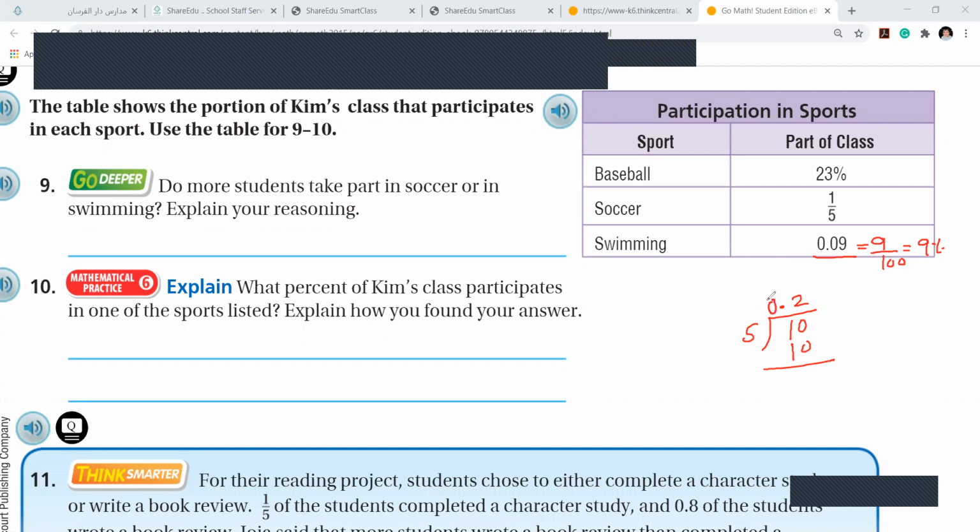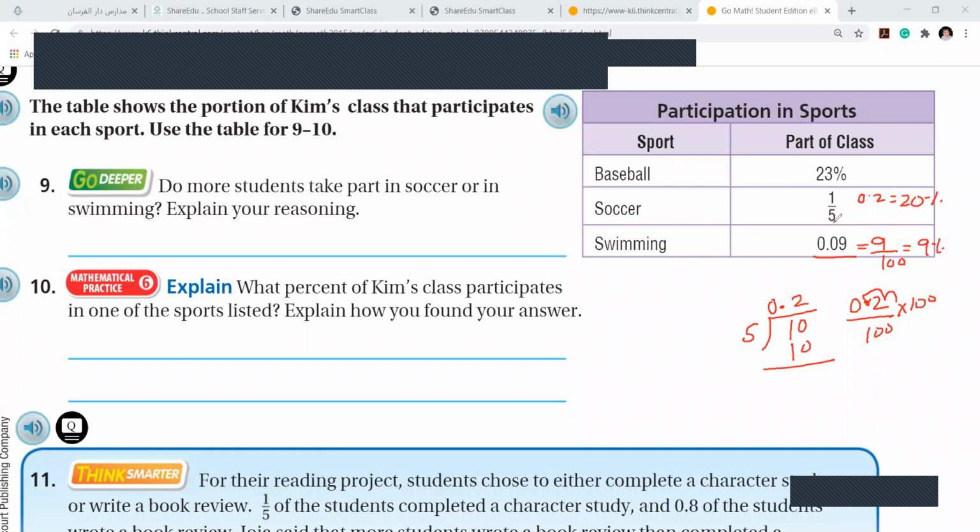0.2. So tell me, 0.2 means how many percent? I'll multiply by 100 and I get 20 over 100, so 20%. So is 20% more or 9%?